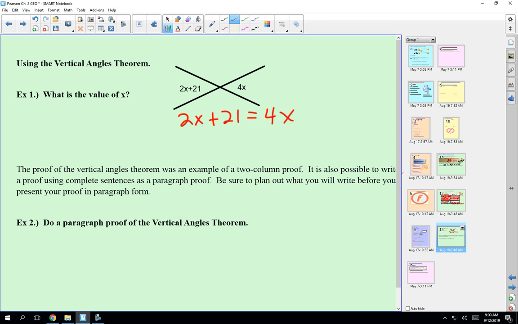And then you're going to solve. So kind of that same form we're seeing over and over again here. So 21 equals 2x. Don't panic if you get a decimal fraction. Divide by 2, x equals 10.5. That's okay. Especially since it's 2 times x and 4 times x, it won't matter.